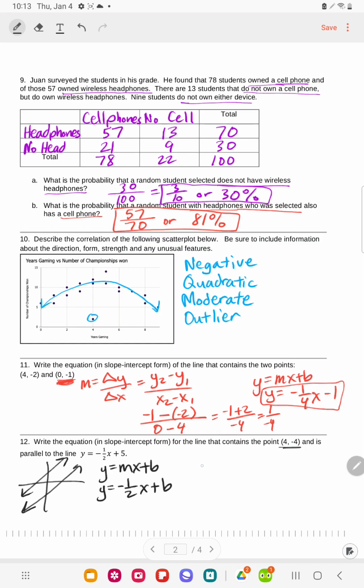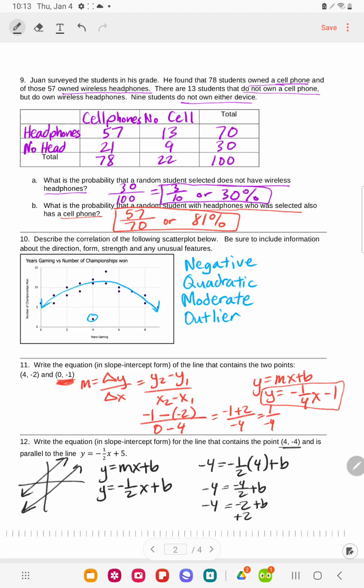Our y is going to be -4, and our x is going to be 4, and we just solve for b. -1/2 times 4 is going to give us -4 over 2 plus b, and then -4 over 2 is just -2.